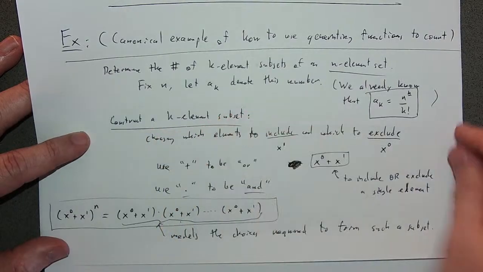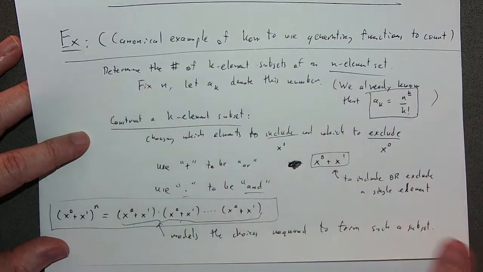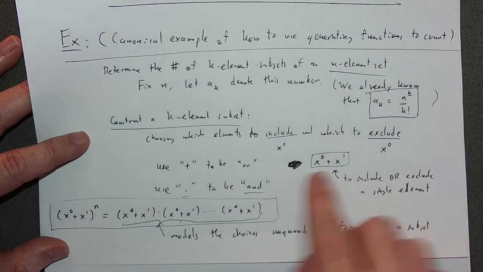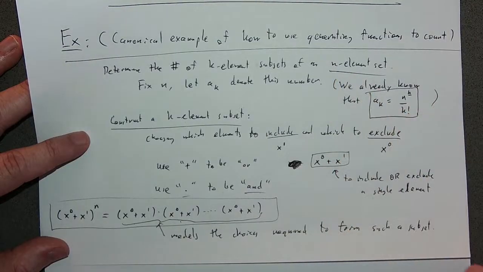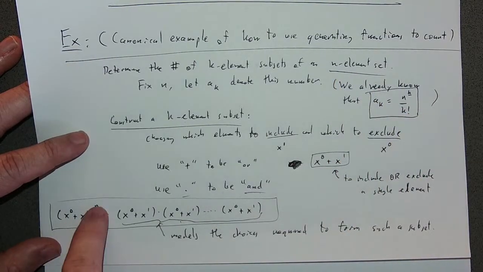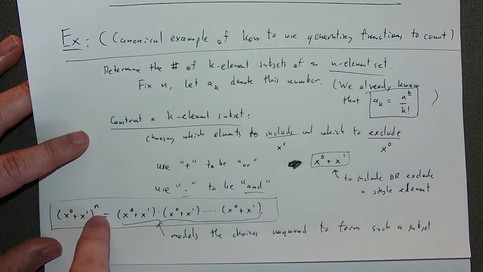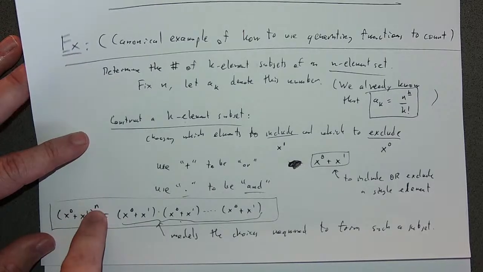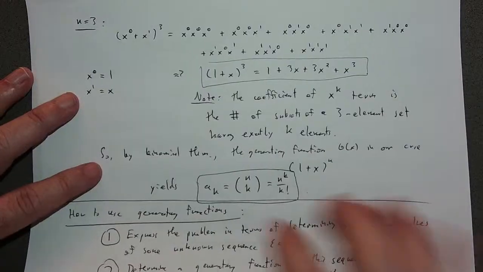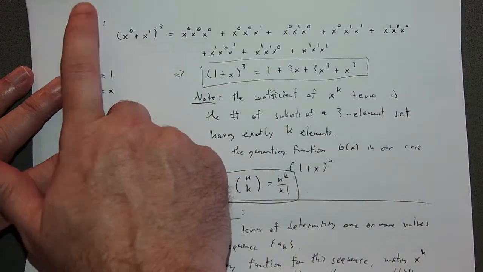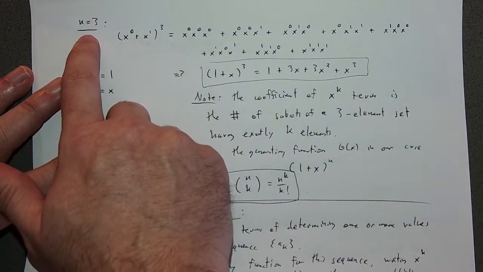To see the entire full range of all the k element subsets, I would do this n times since there are n elements, which results in this term that shows up in the binomial theorem, of course, this 1 plus x to the n.